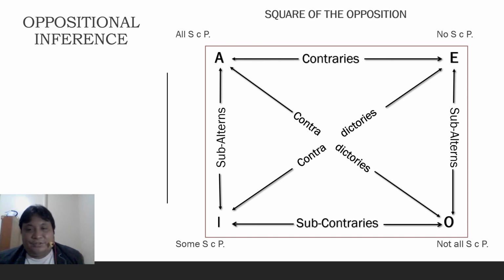Now for the contradictories, A and O, or O and A, are contradictories. On the other hand, E and I, and likewise I and E, are also contradictories. So please don't forget about this.